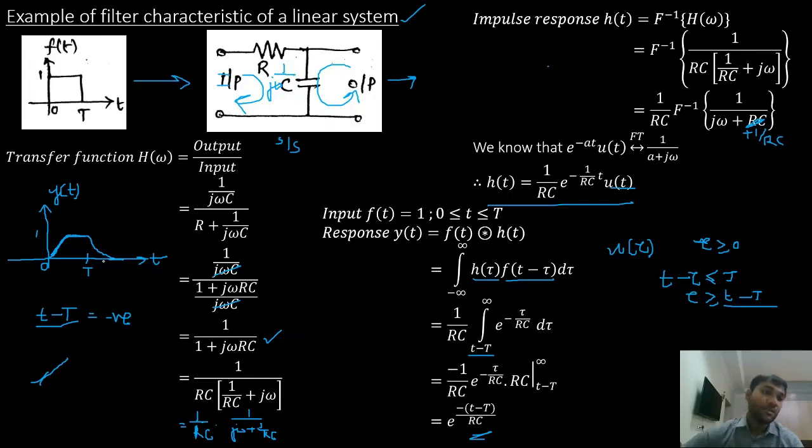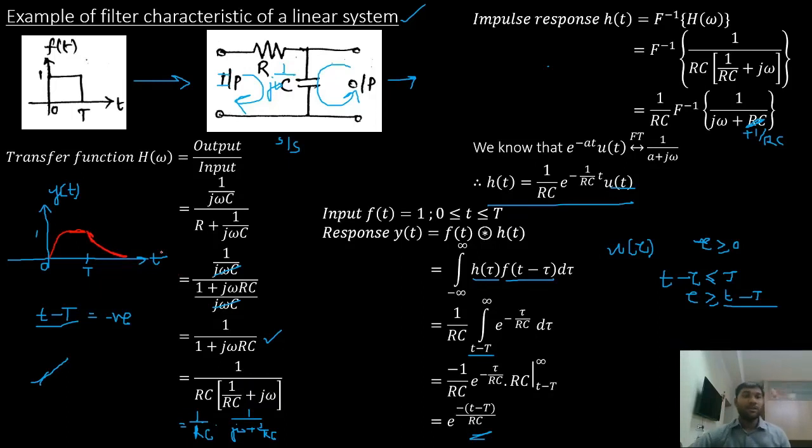So this is my response. Let me draw it a little more clearly so you will understand it. It slowly rises, and it steadies at 1. It steadies itself at 1 and then slowly starts to decay.